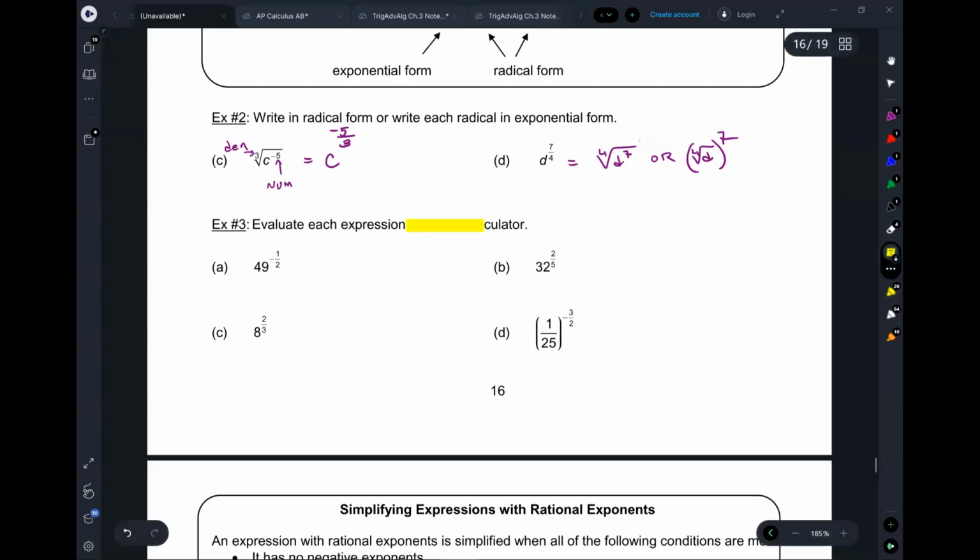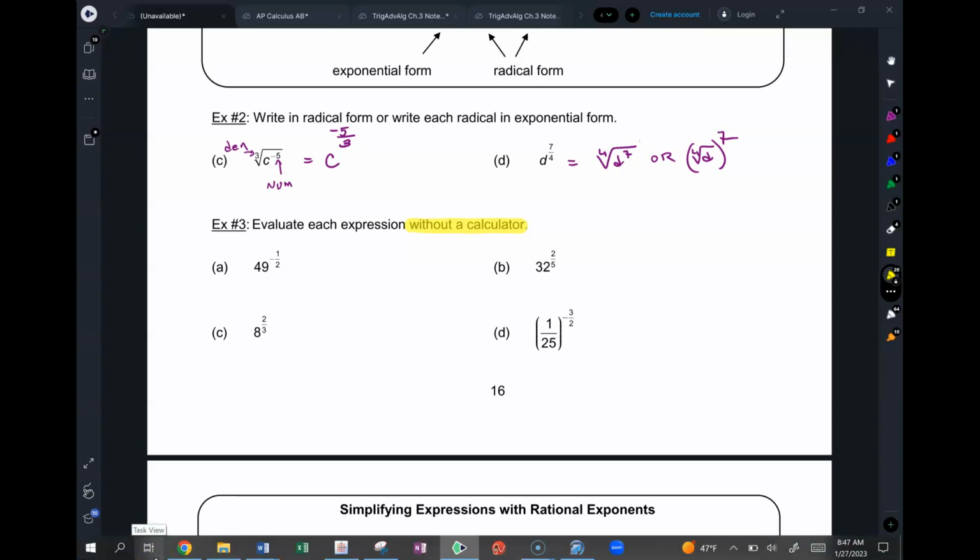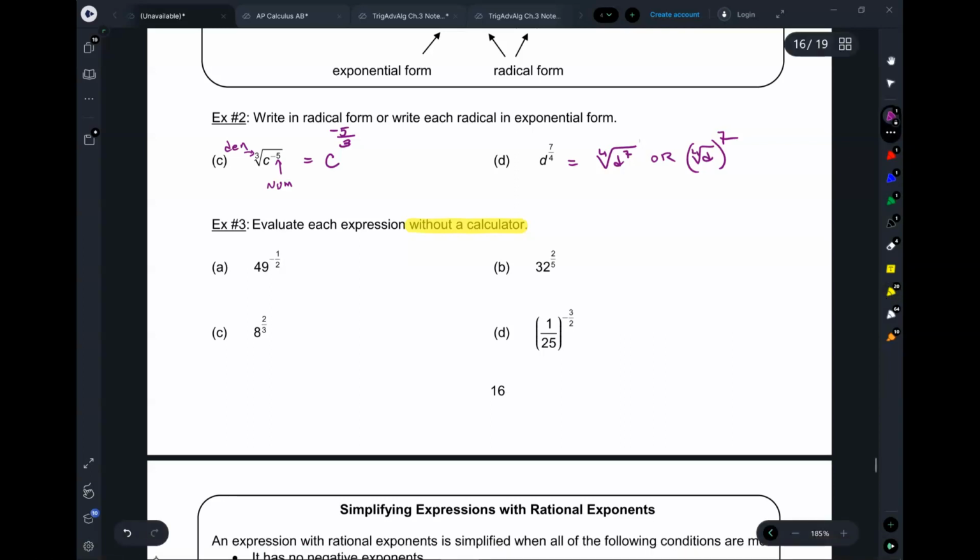we're gonna evaluate these without a calculator. This phrase is a math teacher's favorite phrase, without a calculator. Have you noticed? Yeah, okay, let's do this. So we're gonna piggyback on what Owen was saying earlier. When you have a negative exponent, it should be made into a reciprocal, right?